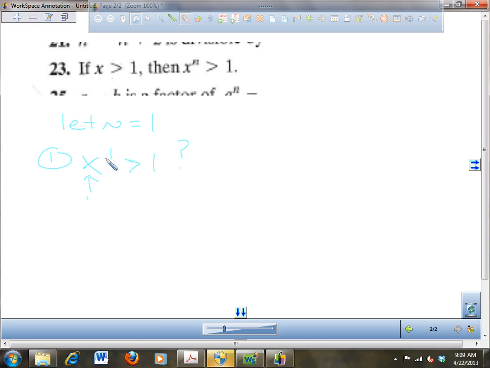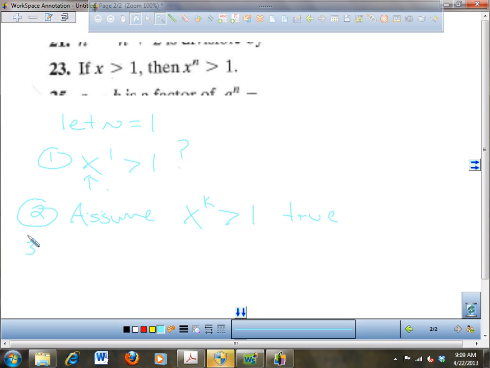It could be non-integers, but as long as x is bigger than 1, this expression is bigger than 1. Then step 2, assume x to the k is bigger than 1. We're just going to assume that's true.